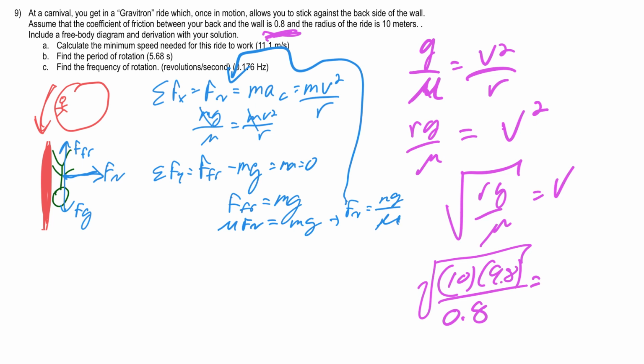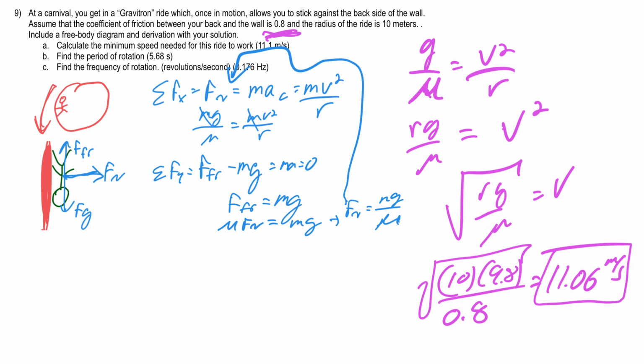So I get 122.5. The square root of 122.5 gives me about 11.06 meters per second. So that's what speed we need in order to stick. If we go faster, we're good. If we go too slow, we will not stick to the wall.